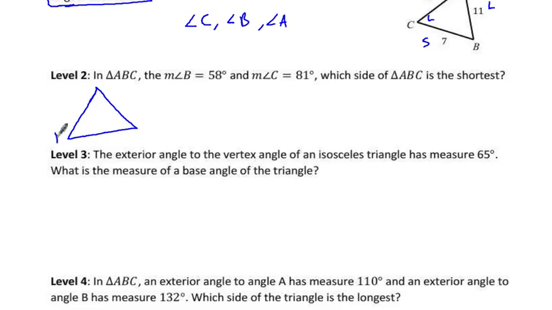A, B, C. B is 58 degrees. C is 81 degrees. So we need to find angle A. And the triangle sum theorem from last chapter says that angle A plus 58 plus 81 equals 180 degrees.